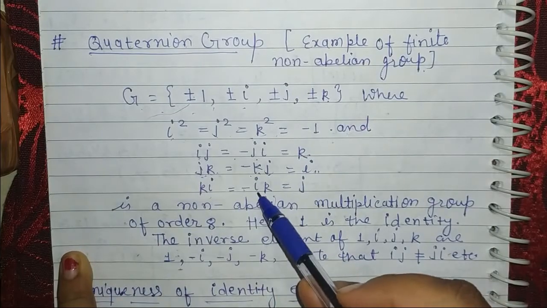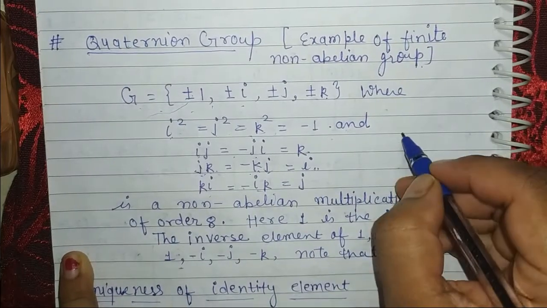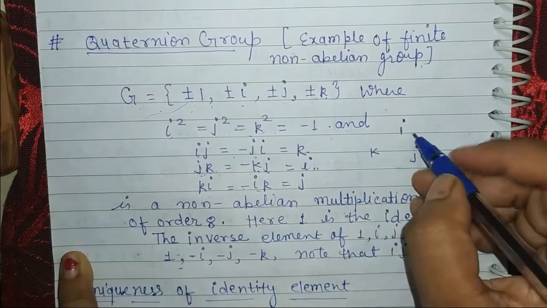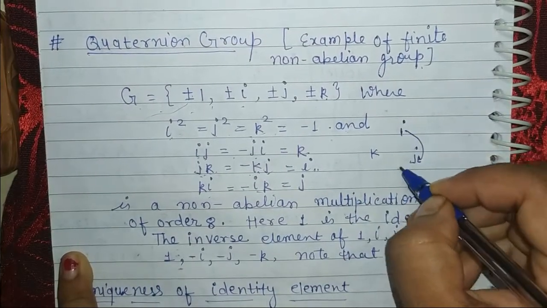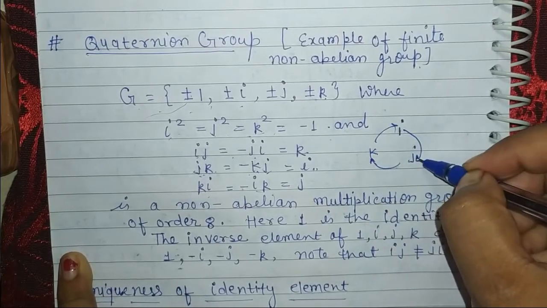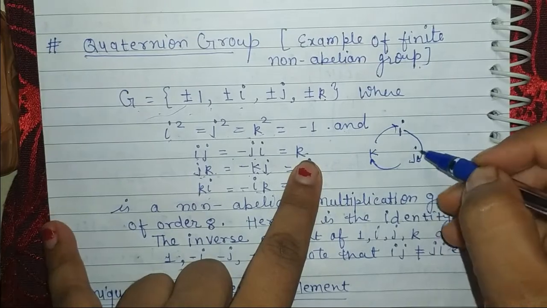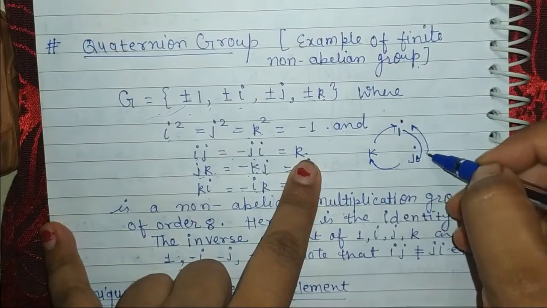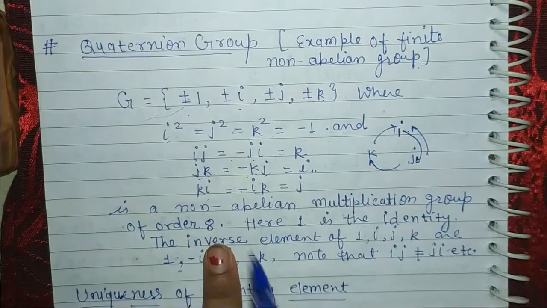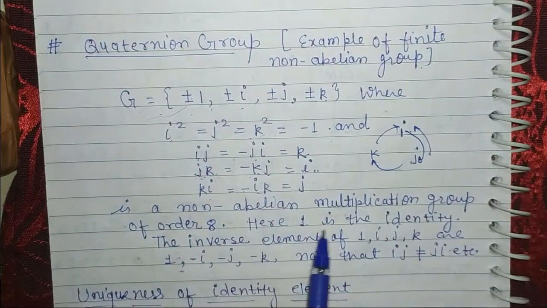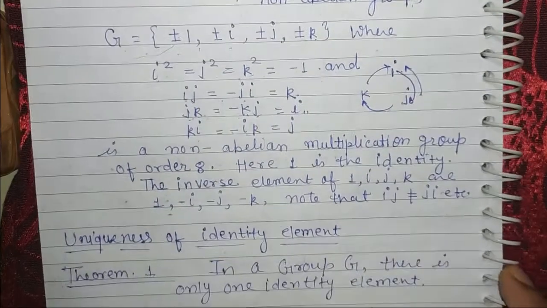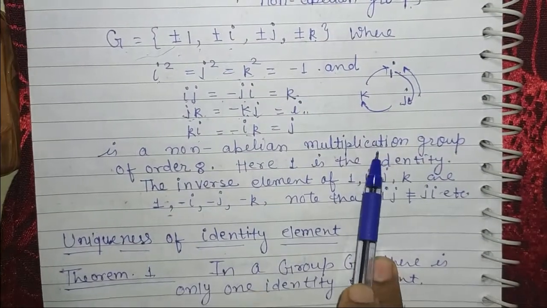Similarly ki is equal to minus ik is equal to j. The rotation is this: i, j, k. If you are going clockwise this way, the product ij gives k, but the reverse, minus of ji, also gives k. So you can write it here. This is a non-abelian group of order 8 with the operation multiplication.